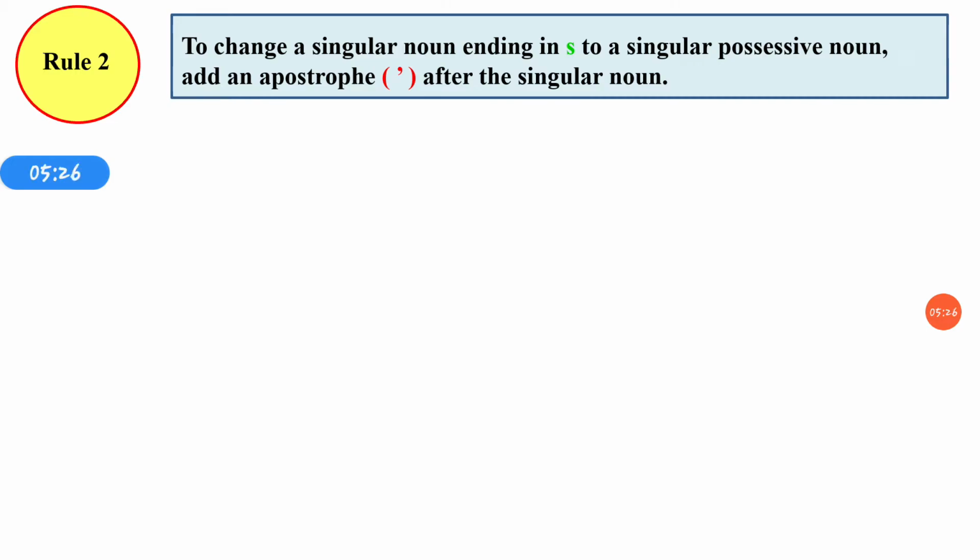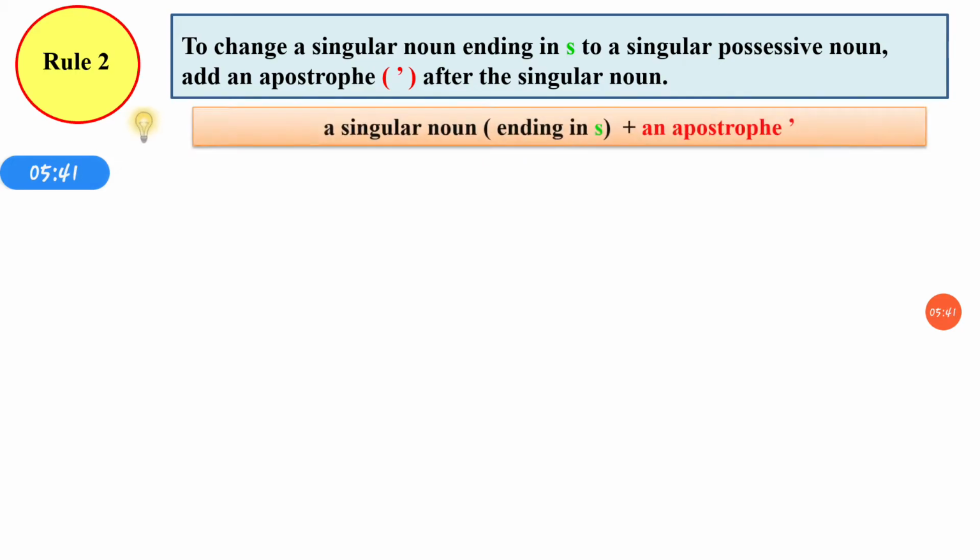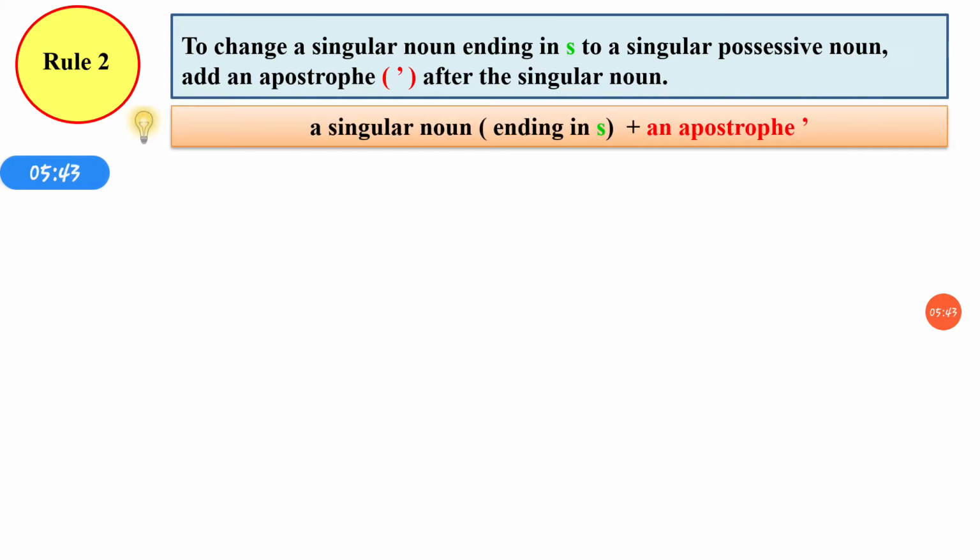That means for a singular noun ending with the letter s, we just add an apostrophe after that noun. A singular noun ending in s, we just add apostrophe. That means we just add apostrophe with the noun which is ending in s to show the possession.